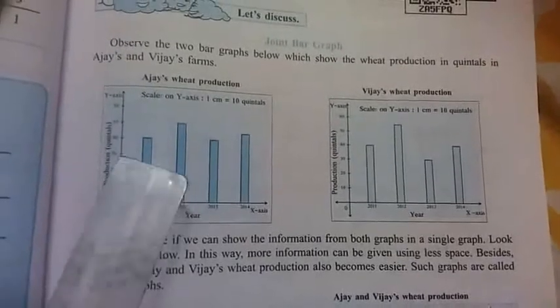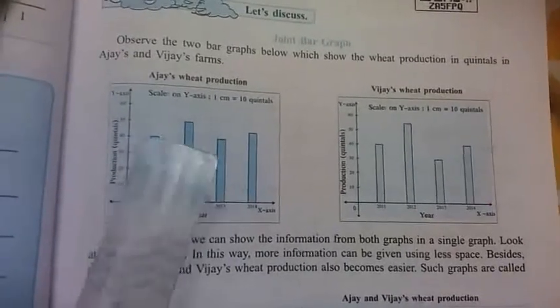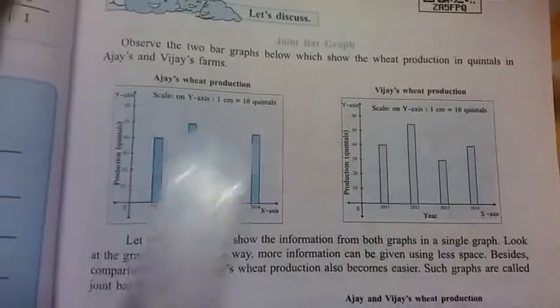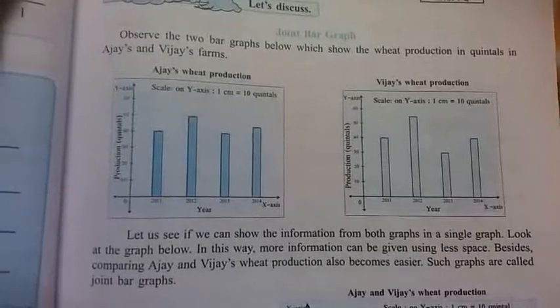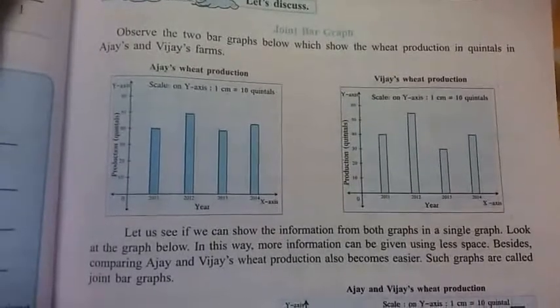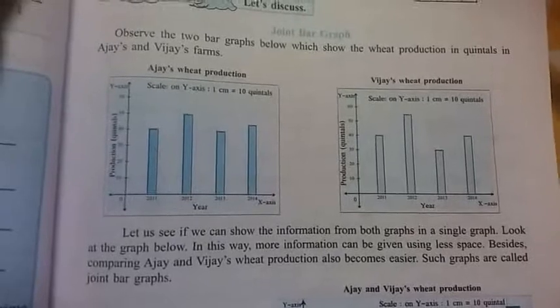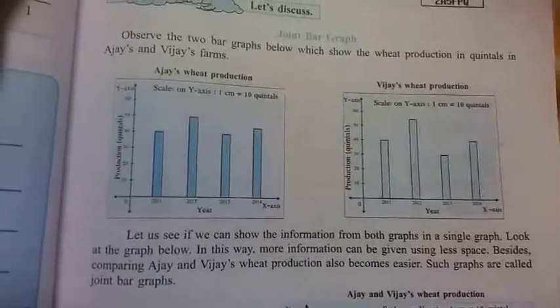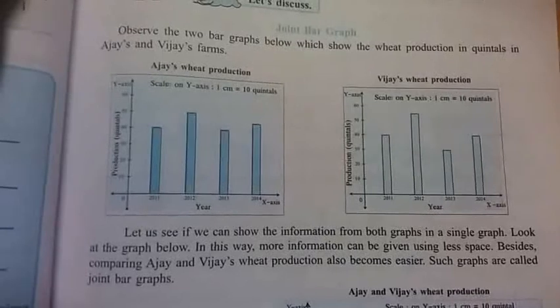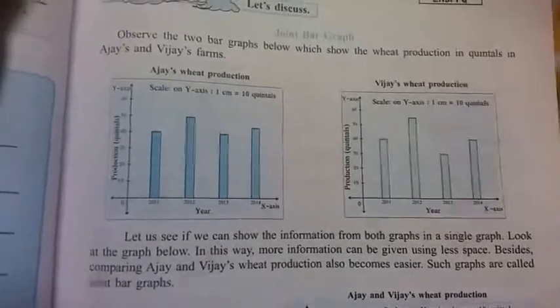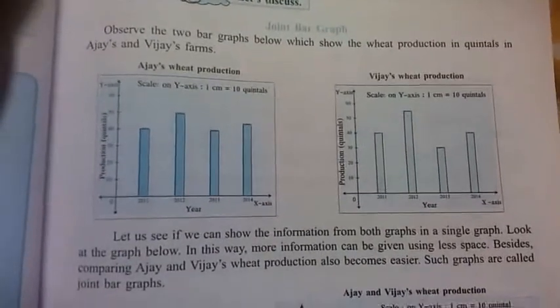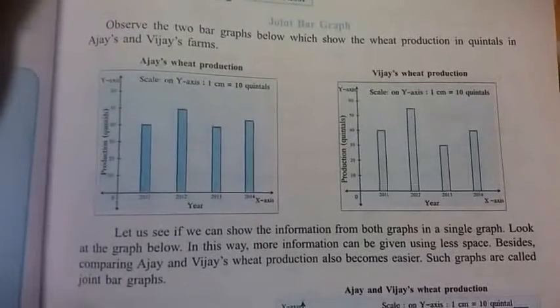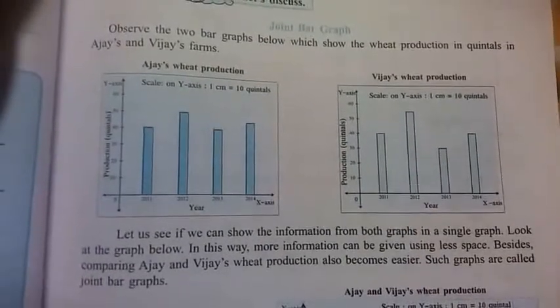Means, while here the information is given in two different graph papers, if we are giving this information on the same graph paper, then it is easier for you and easier for us to compare between these two products. Means whose production is more and whose production is less in which year. Besides, comparing Ajay and Vijay's wheat production is also easier.